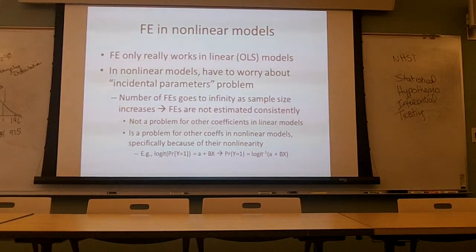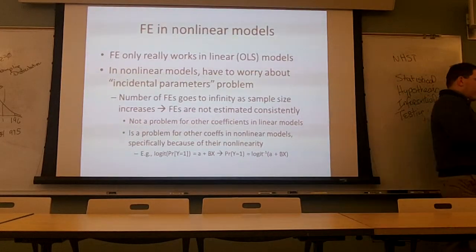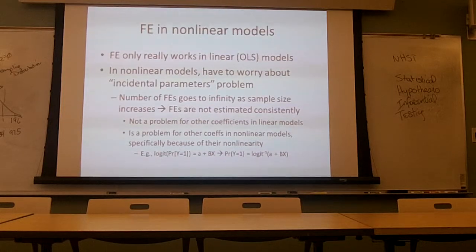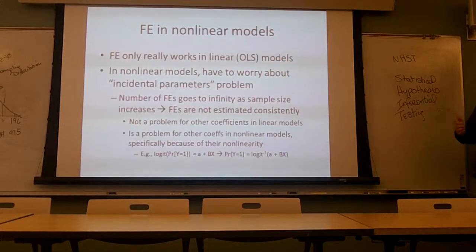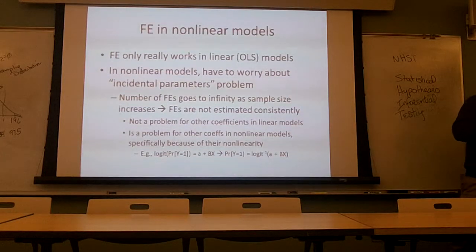Well, the underlying problem is what's called an incidental parameters problem. There's basically this idea that the estimates from your models will only be consistent if the number of fixed effects is not expanding proportional to the number of observations you have in the data set. So let's say you have a data set of hospitals and only a few years of data for a lot of hospitals.